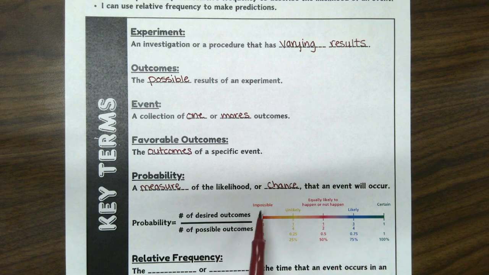If you get 0%, then it's impossible. 25% is unlikely. 50% is equally likely to happen or not happen. 75% is likely, and then 100% is certain. So you might see some questions where it's going to ask you where your probability lies, and you're going to have to give an answer that looks like one of these.